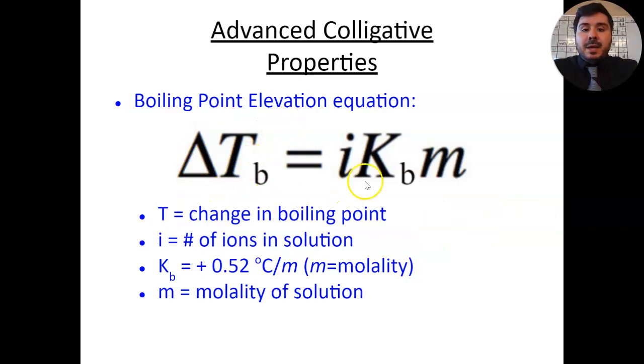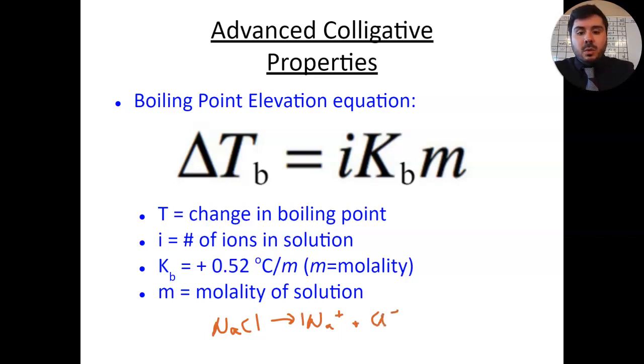Okay, next up is i, which is the number of ions in solution. And guys, this comes directly from your dissociation reactions. So for example, if we do a reaction like, let's say NaCl, real basic, right, turning into Na+ and Cl-, okay?